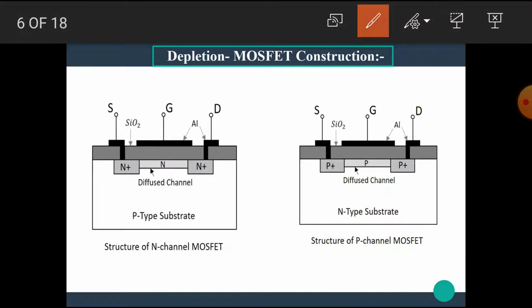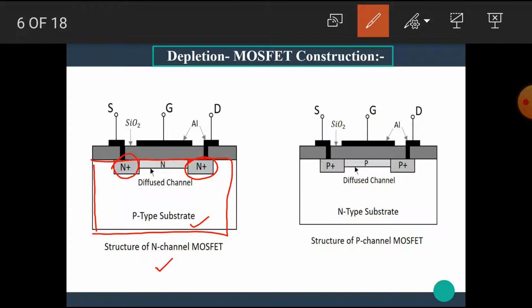The construction of the depletion type MOSFET is shown here. Here is the construction of the N channel MOSFET, in which we can see that first of all a P type substrate is taken. The substrate is lightly doped. On this lightly doped P-type substrate, two heavily doped N-type materials are deposited.